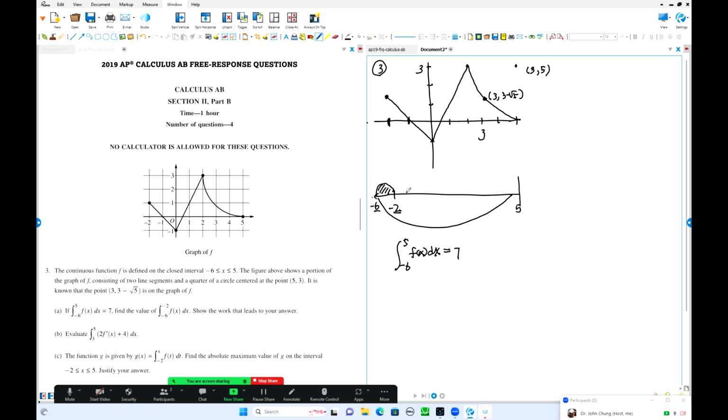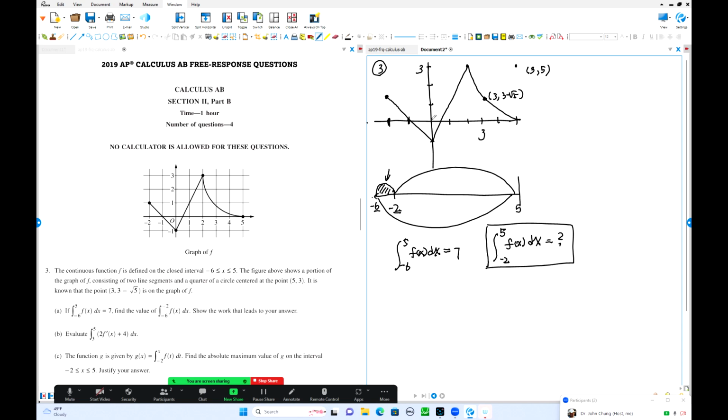We know the area of this one from the graph, so when you take this area away from 7, you get this area. Now let's find the integral from negative 2 to 5 of f of x dx first.